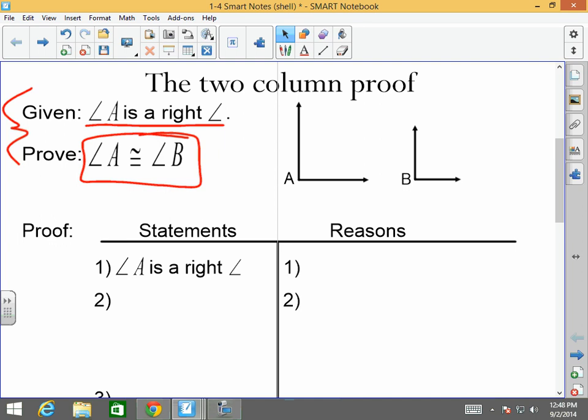Angle A is a right angle. And I forgot another given. A second given, I apologize, is that angle B is a right angle. I got to make a little typo here. So sorry about that.